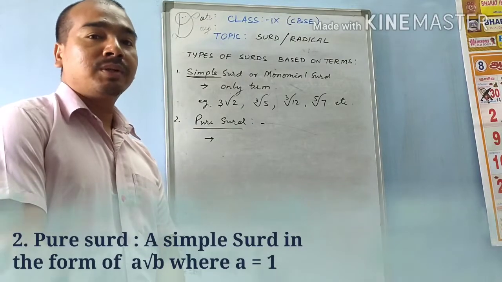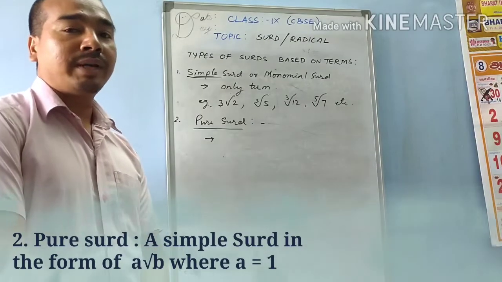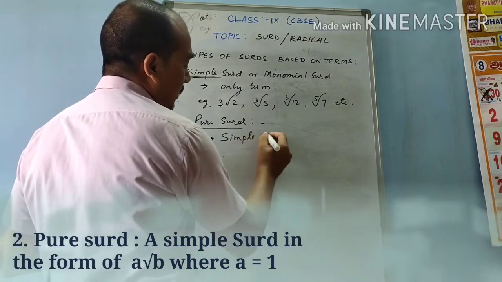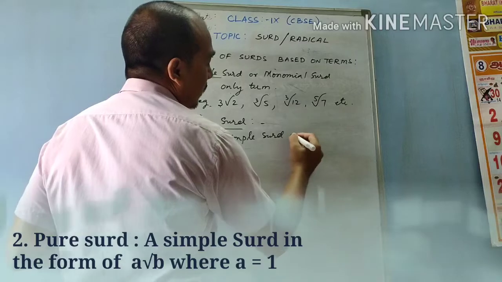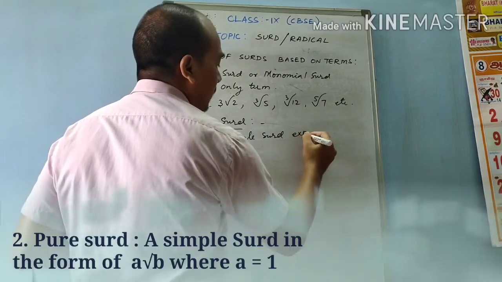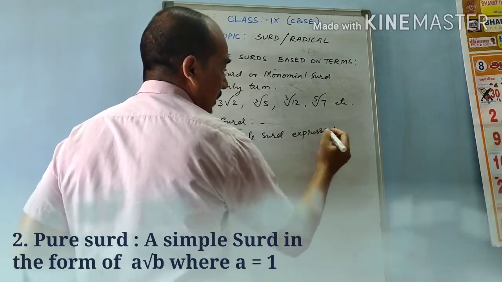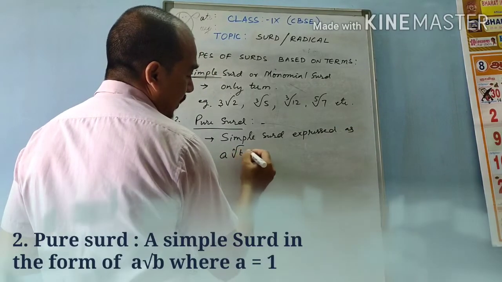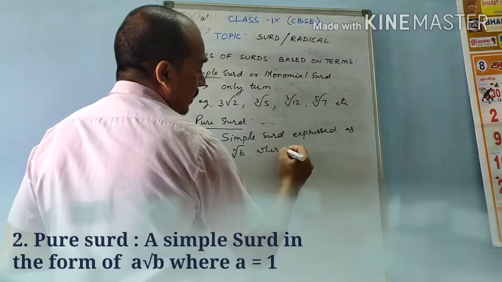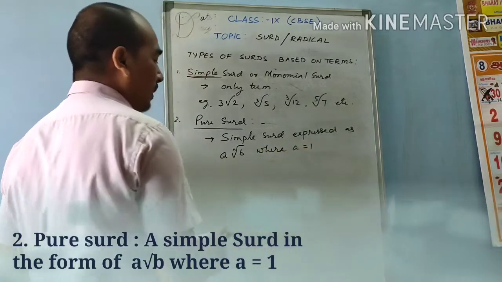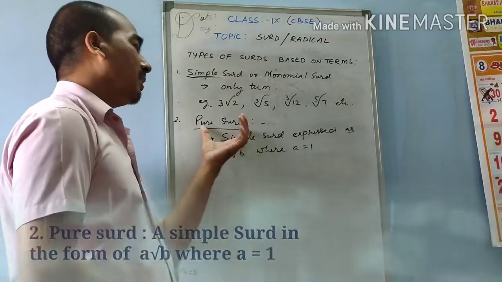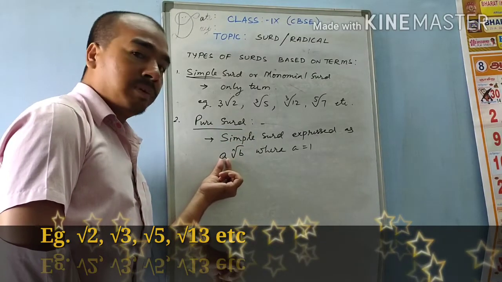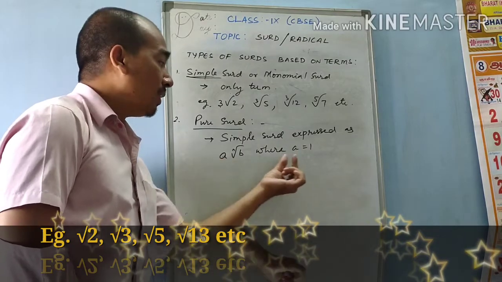Next one is pure surd. Pure surd is a simple surd expressed as a times the nth root of b, where a is equal to 1. So if we express any surd like this, and before the root some number is there, that number should be 1.